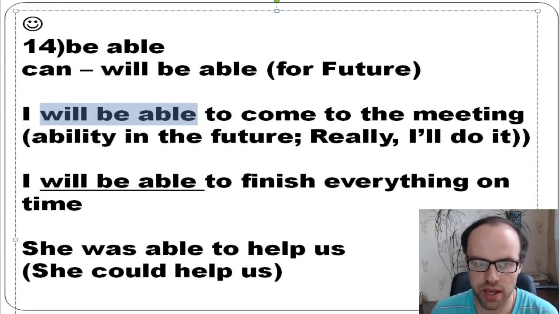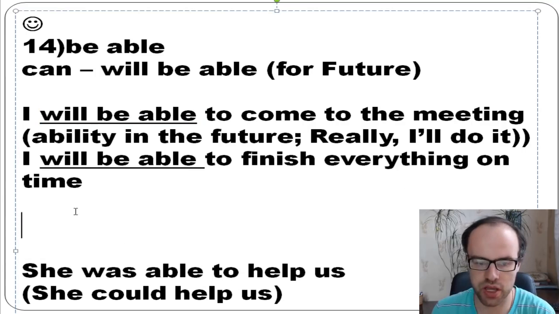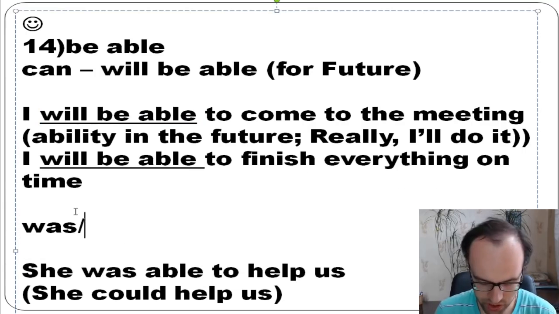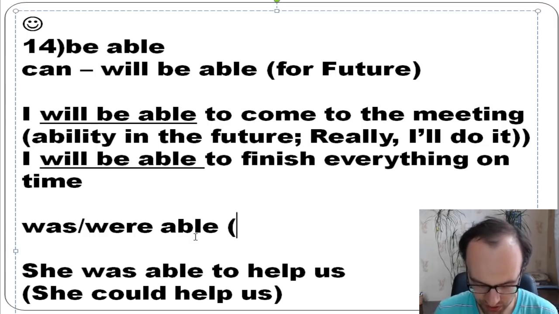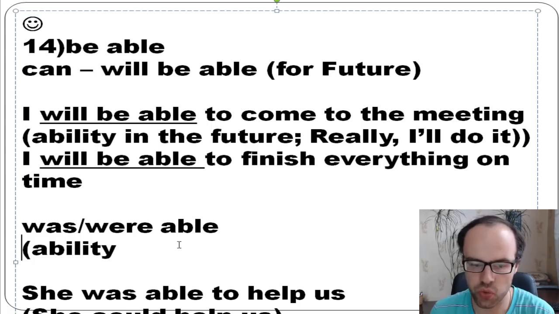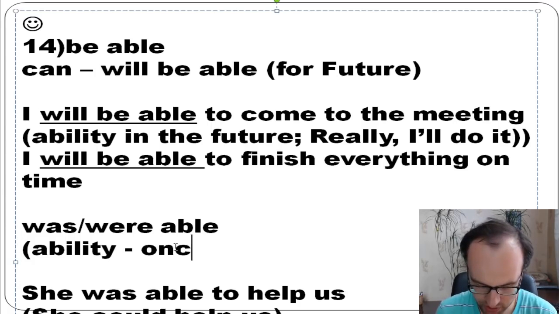Good. And you know that sometimes we use able for the past, and we use was or were able. She was able to help us. Usually we use it about ability, like with could, but once, one time.